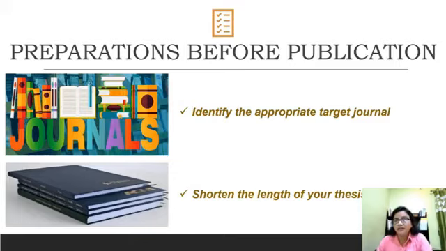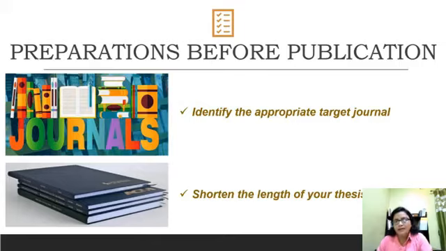Check each journal's recommended structure and reference style for articles on its website, typically found in the Guide for Authors, to ensure that your paper is not desk rejected. You might find it useful to look at Elsevier's Journal Finder tool when trying to identify a fit for your article.